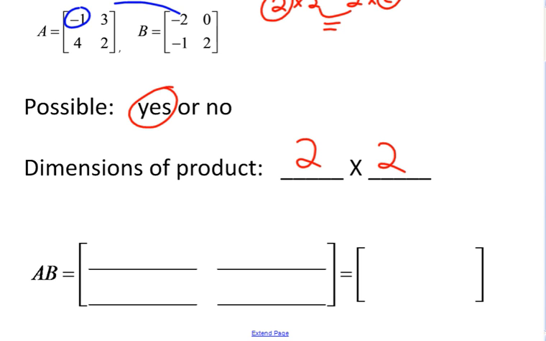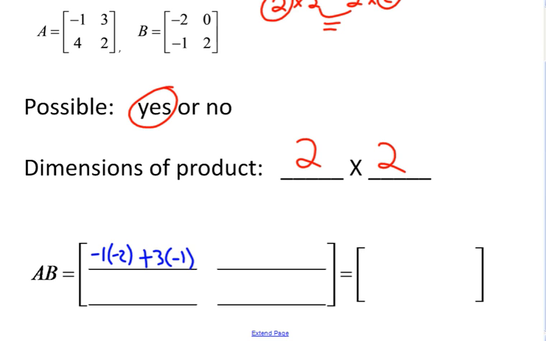So that's negative 1 times negative 2 plus 3 times negative 1. Okay, so when we're multiplying the first row in the first column, it's going to go in the first row in the first column of our answer.